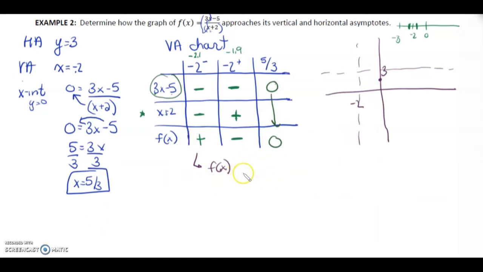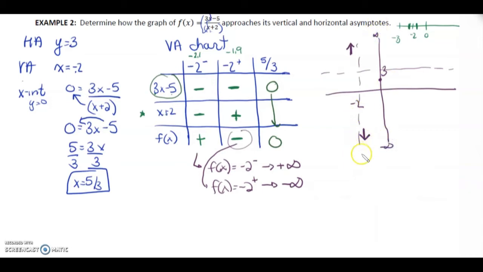So locate your -2, your vertical asymptote, go to the left, and we're just going to draw the head of an arrow there. And then this one means when f at x approaches -2 from the right, we're going to approach negative infinity. So locate your -2, and then draw it going toward negative infinity on the right-hand side of that.